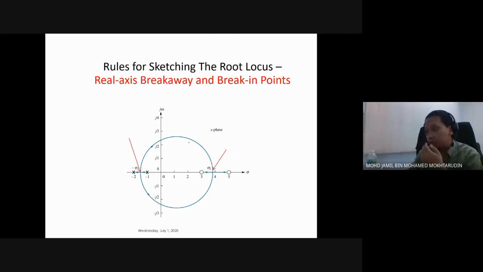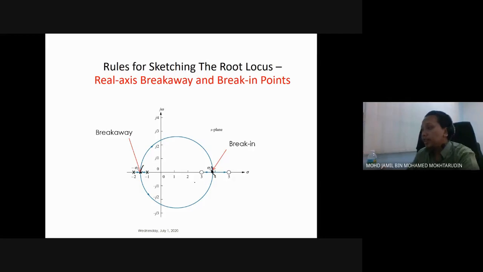If you look at this root locus, it starts at the real axis and then suddenly breaks away from the real axis, and then it will break in back into the real axis. This point here is called the breakaway point, and this is the break-in point.